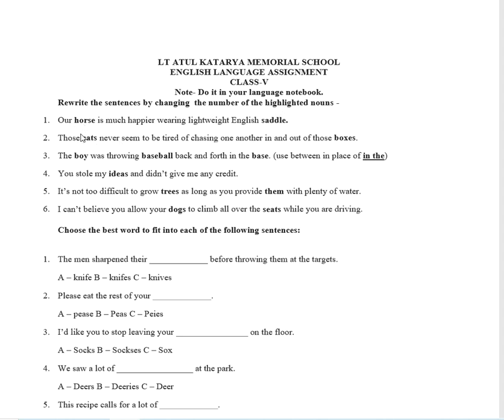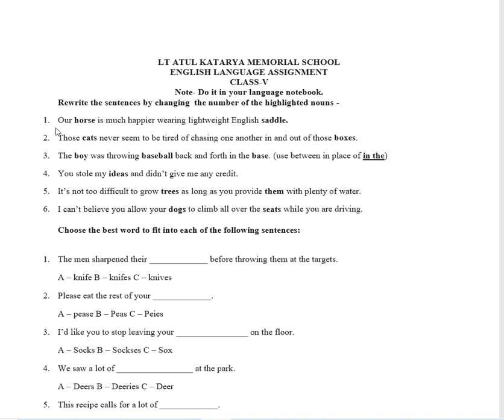But when I say horses, will I use is? No. Then we will use are. Okay. So what will be the answer? Our horses are much happier wearing lightweight English saddles.